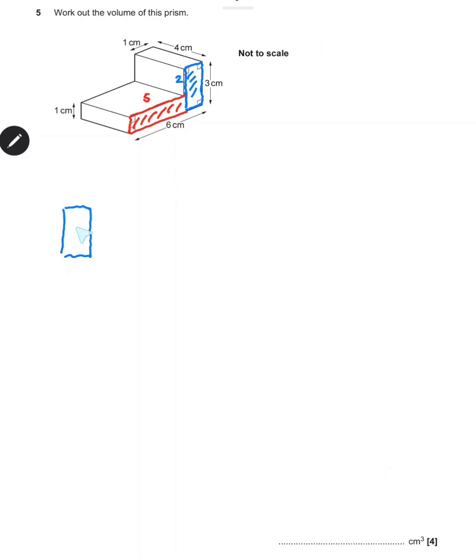If we look at the blue rectangle, that is 3 high and 1 across. So the area is 3 times 1, which equals 3. If we look at the red rectangle, then that is 1 high and not 6 across, but 5 across.